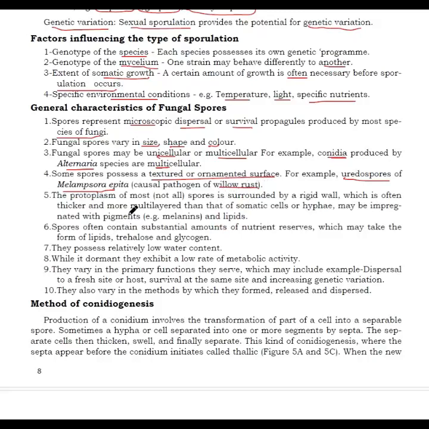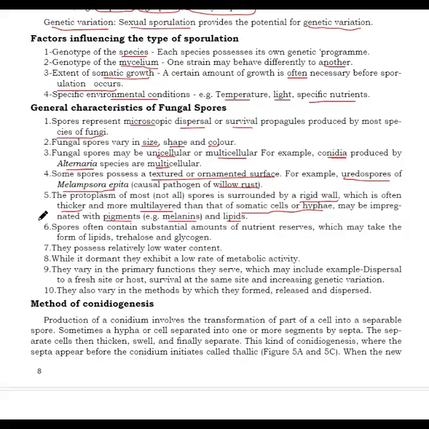Now the protoplasm of spores. Most of the spores are surrounded by a rigid wall which is thicker and more multi-layered than that of the somatic cells of the hyphae. There can be pigments also in it, melanin and lipids.